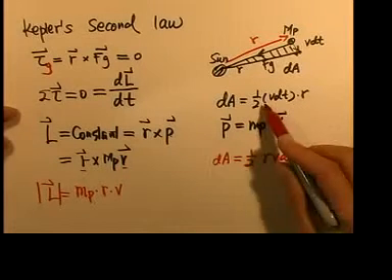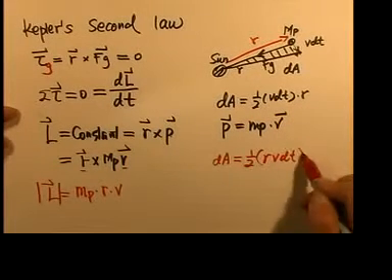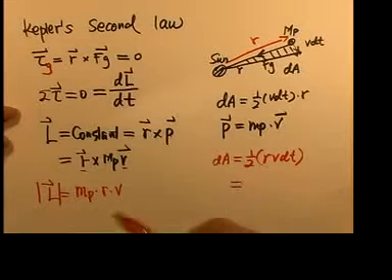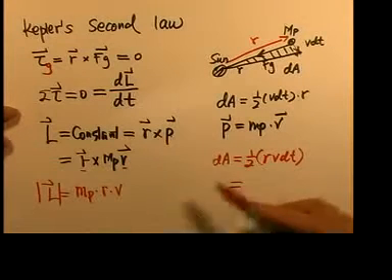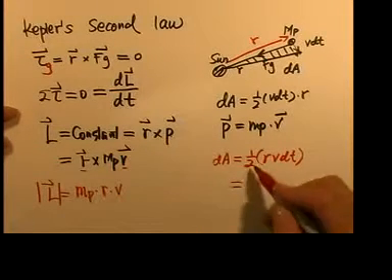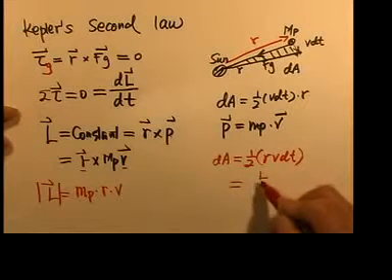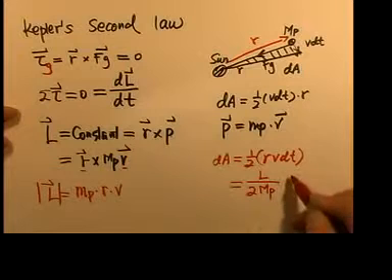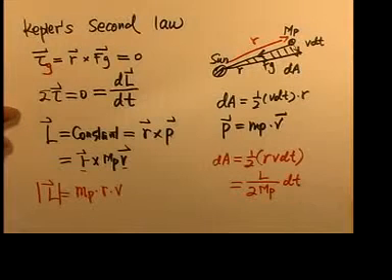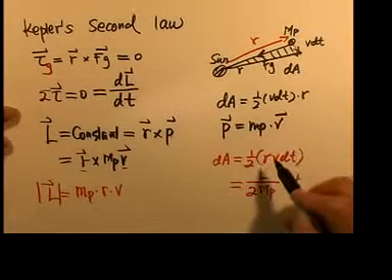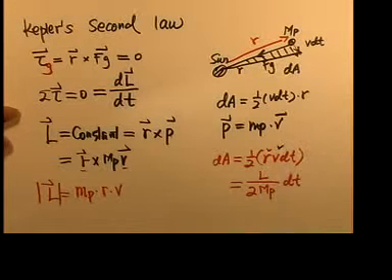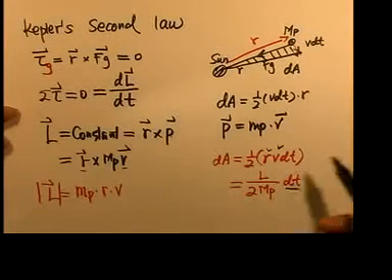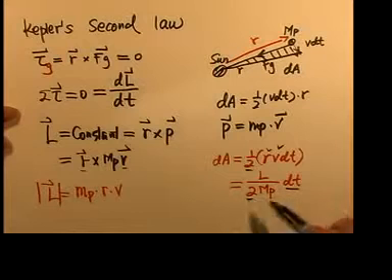If we move this mp in, we can replace it by the magnitude of the angular momentum, and we get L over 2 mp dt. What's replaced is actually this and that, because dt is still here and the 1/2 is still here.